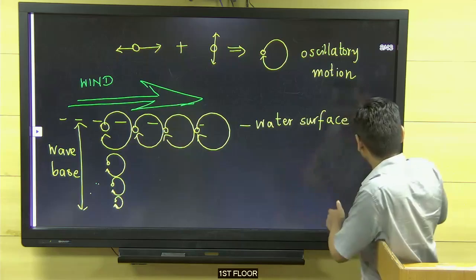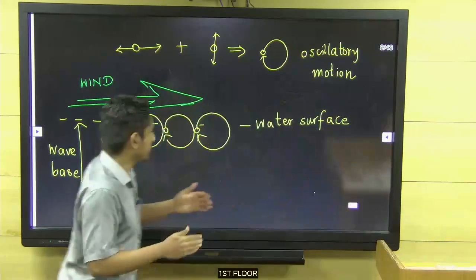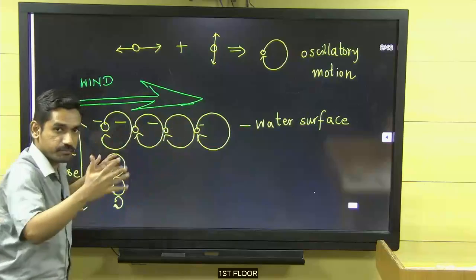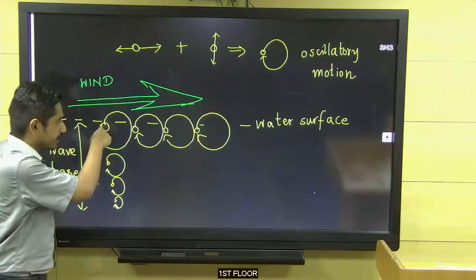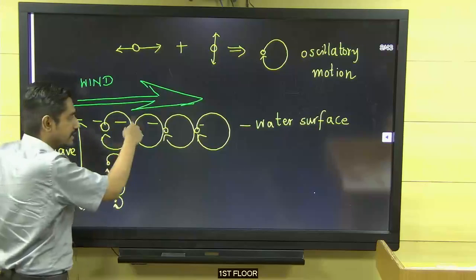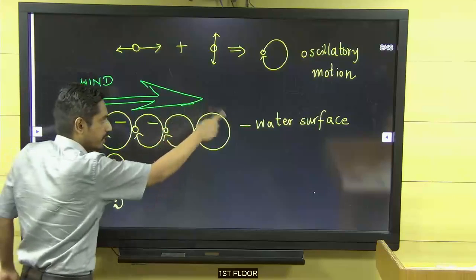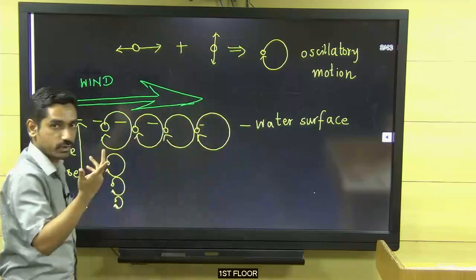Right. Now I think you'll be ready. With the transmission of energy, you will see that the particle really doesn't care about anything. So this individual particle, let's say this is 1, will rotate along the same position. Second will rotate, third will rotate, fourth will rotate. So the particles rotate, energy gets transferred. That's all.